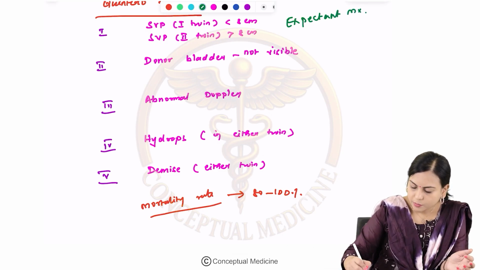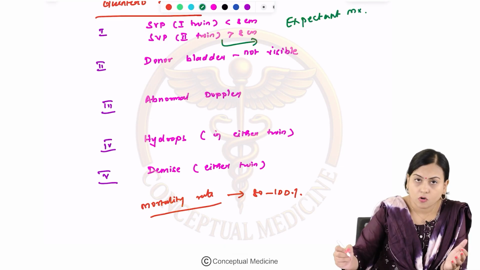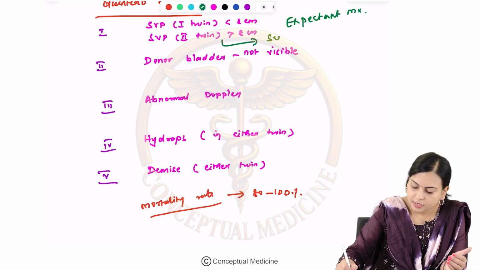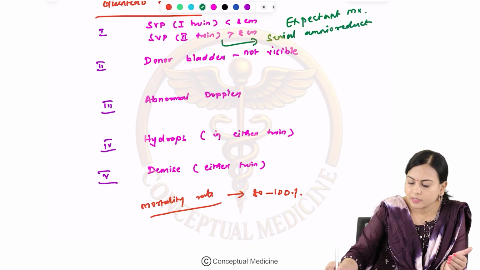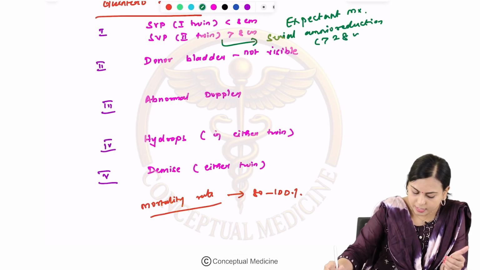Suppose there can be a need of serial amnioreduction in the second twin, that is the twin with polyhydramnios. Maybe you can start it after some 28 weeks.